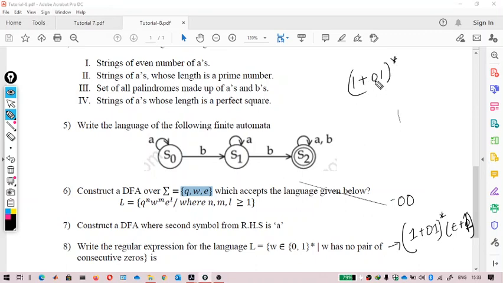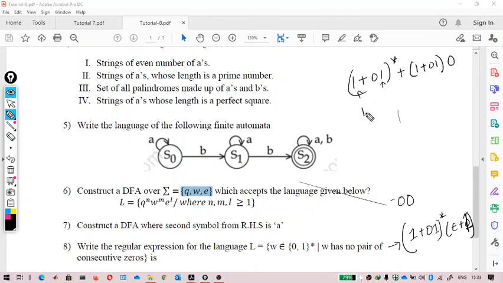In this, all the strings that are ending with one are the only part of this language. So what I have done is taken this plus and done 0 plus 0 1, and then added all the strings that are ending with 0. Now some strings are ending with 0.